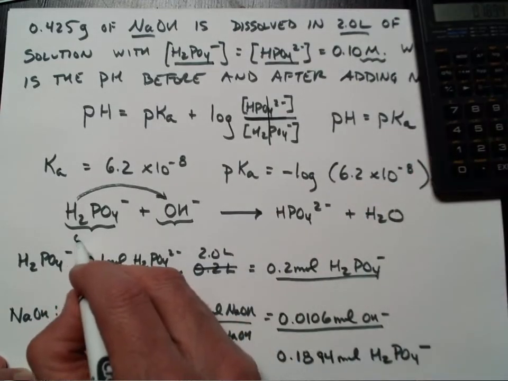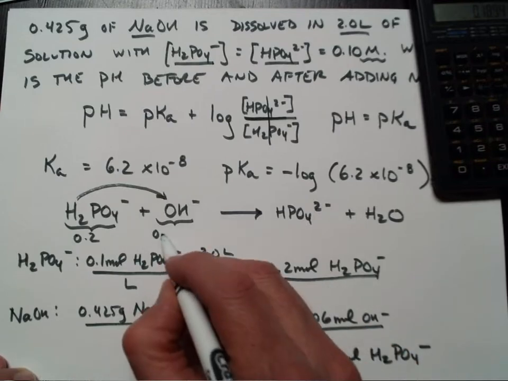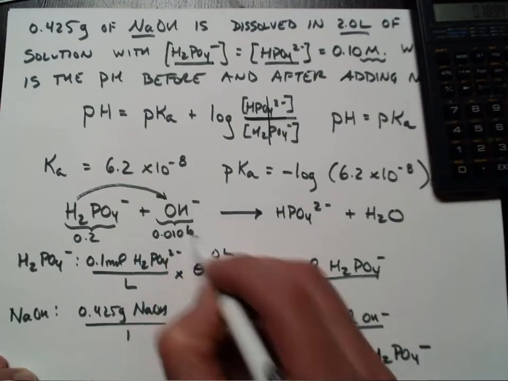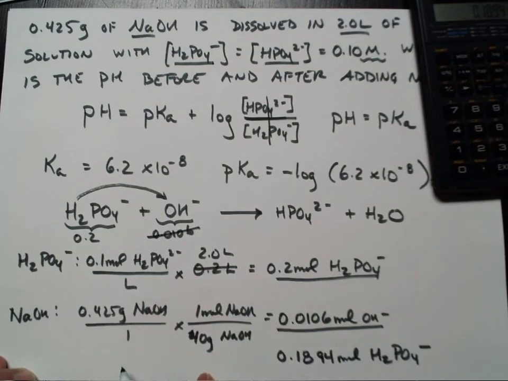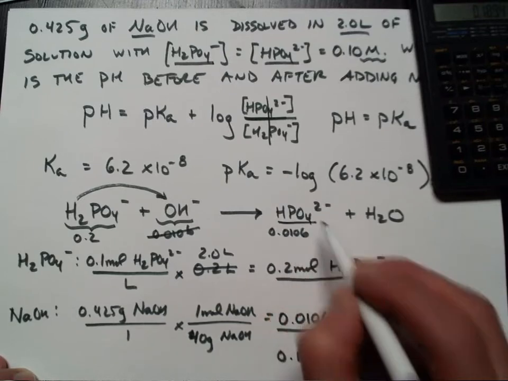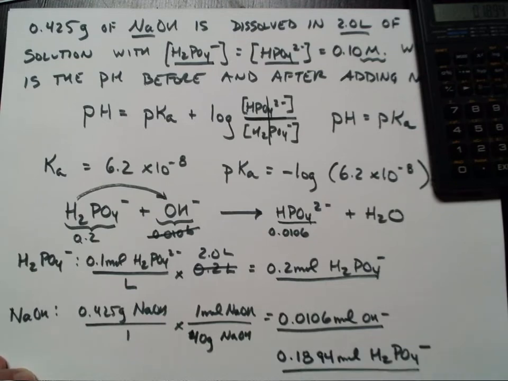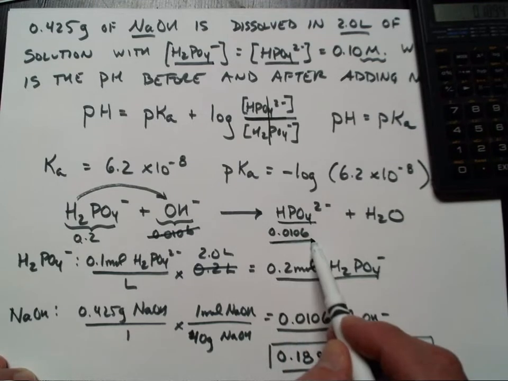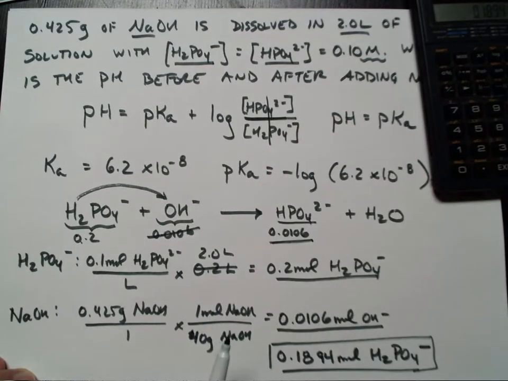Notice I start with 0.2 moles of this stuff, it reacts with 0.0106 moles of the hydroxide, and it produces an additional 0.0106 moles of the hydrogen phosphate. So in addition to figuring out how much of this reacted, we have to figure out how much of this is produced, and add it to the amount of hydrogen phosphate that's present.